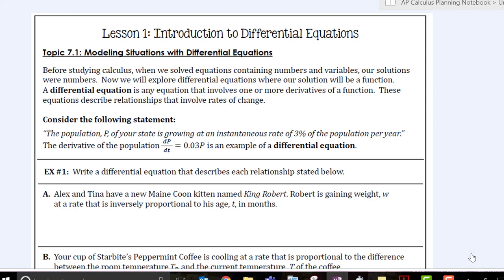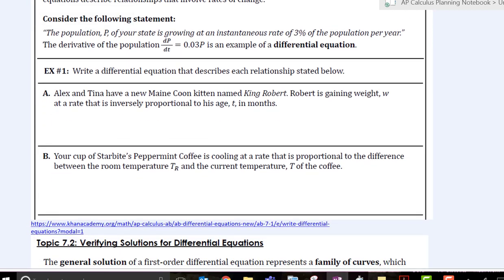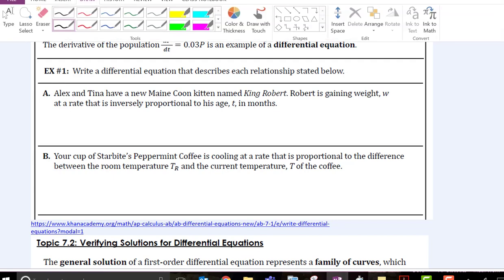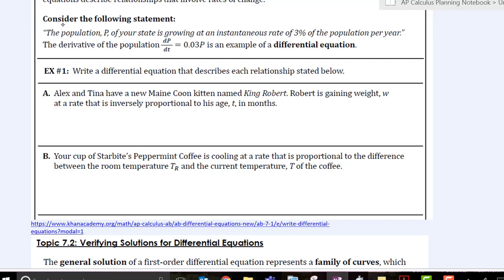So the first step in differential equations is writing that derivative piece or that rate of change piece. So on this very first example here, we're going to have a little bit of practice with that, and then I'm going to have you guys pause and go and practice some on Khan Academy. Two key things to note is that we have two separate relationships that you'll normally see.